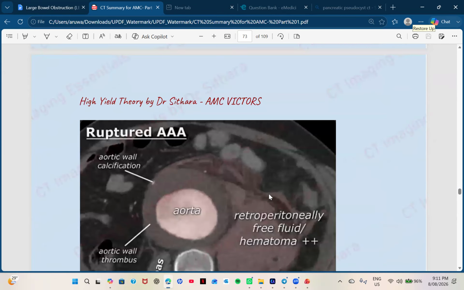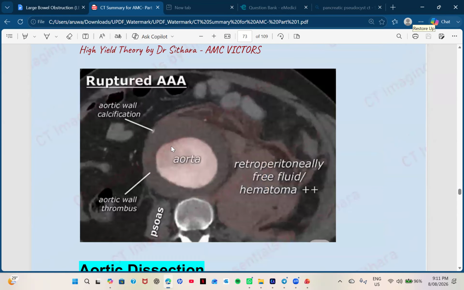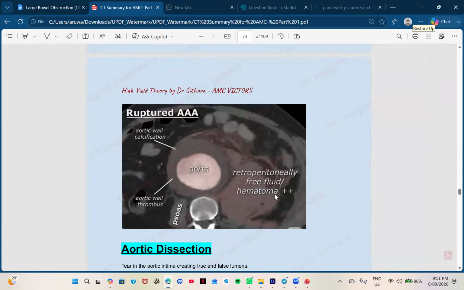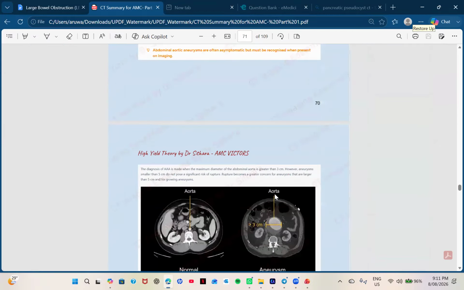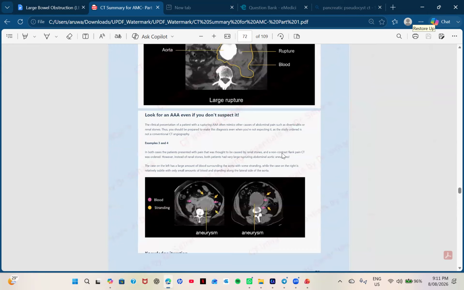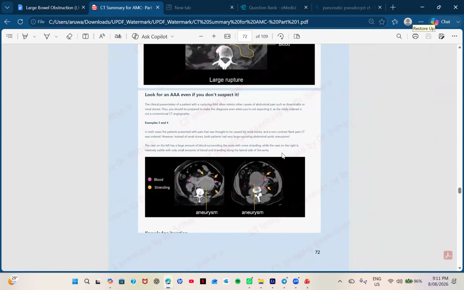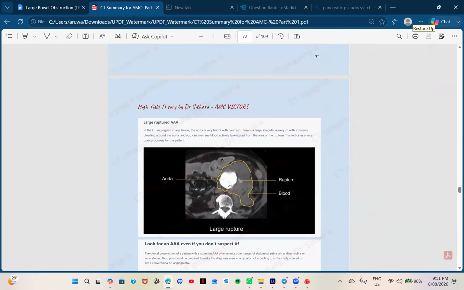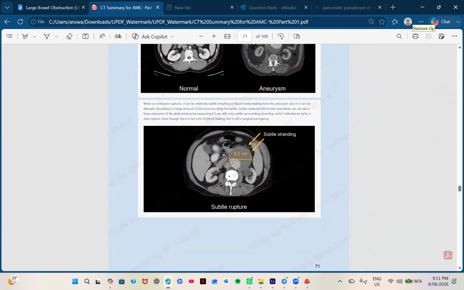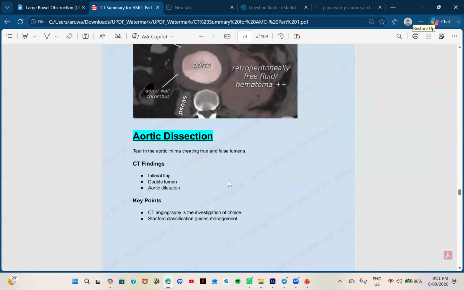Here is a better one: the aorta, aortic wall calcification, wall thrombosis, retroperitoneal free fluid, and the hematoma, the blood leaking. So those are the very important things. Otherwise, you need to understand. Okay, next thing.